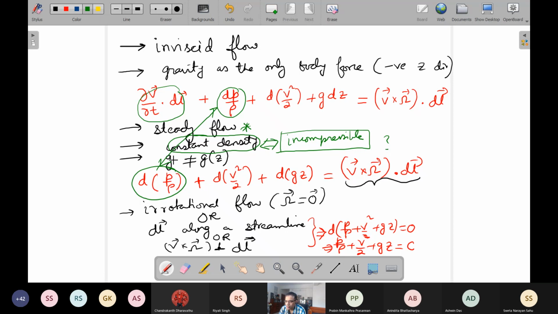For the time being, you can take density equal to constant as a sure shot assumption, and G is not a function of Z, so that you can take G inside the derivative. This is something which is normally going to work, except for large scale atmospheric flows, where if you go to the outer atmosphere, the acceleration due to gravity will change and it will not be the same as it is on the Earth's surface or close to the Earth's surface.